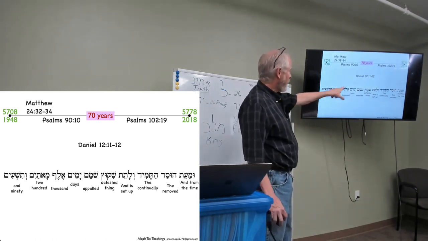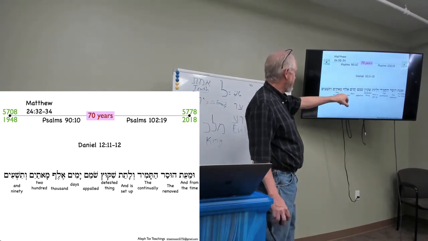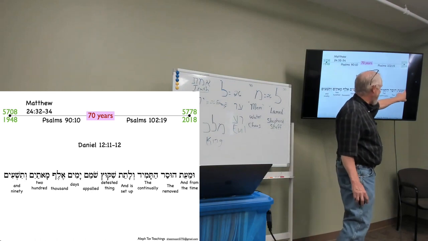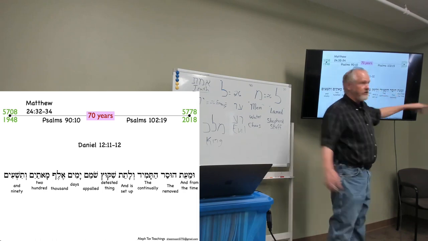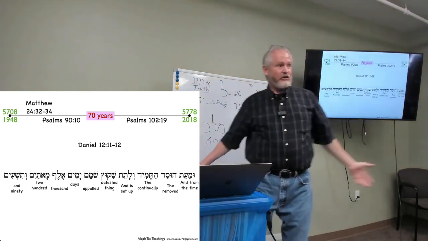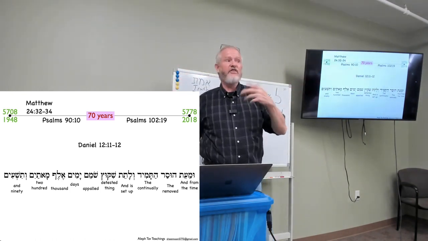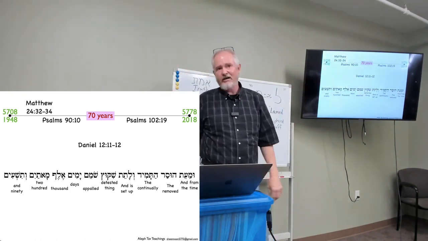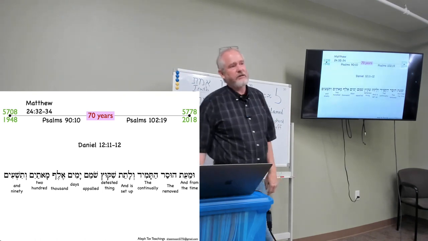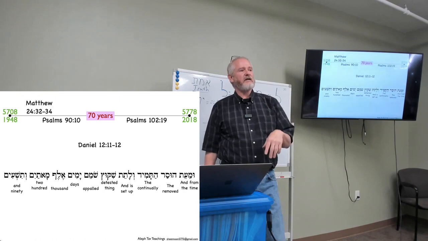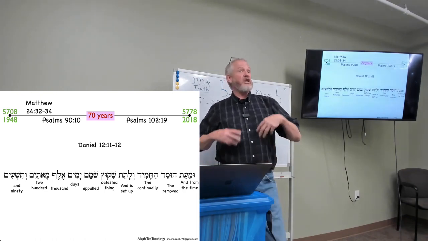From the time, and, see the vowel, and from the time. Now look at these two words because they're being held up with the hey. Understand, in English, the doesn't mean hardly anything, right? We throw that thing around all over the place. In Hebrew, hey, which can be translated as the, but it means behold.